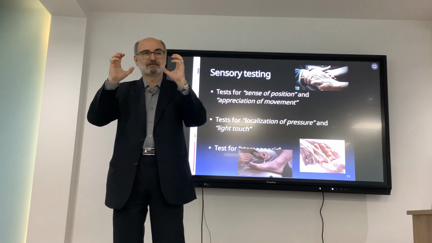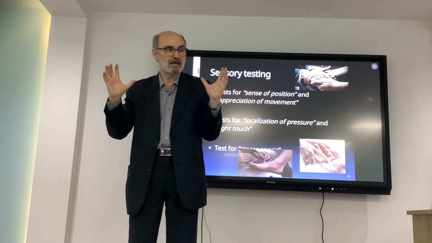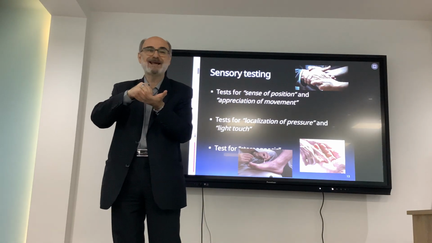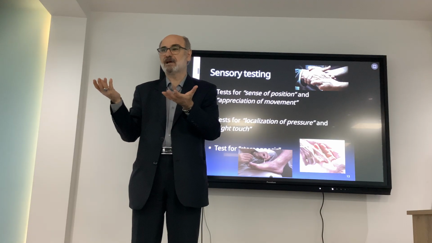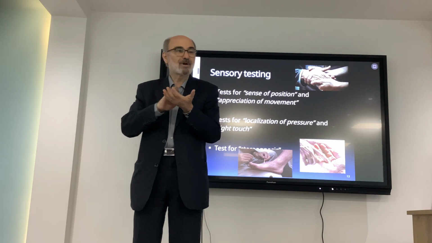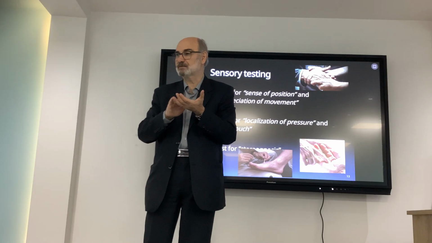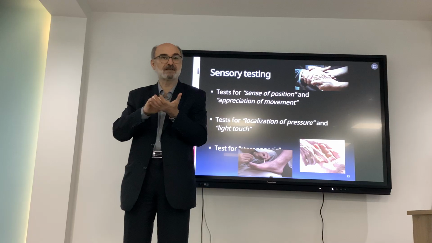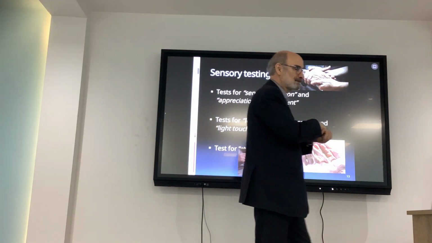After describing the procedure to the patient, you ask the patient to close the eyes or be blindfolded. Then you place a familiar object, such as a coin, for example. The patient must manipulate the object to report what is touching the hand, what the object is that is placed in the hand of the patient.